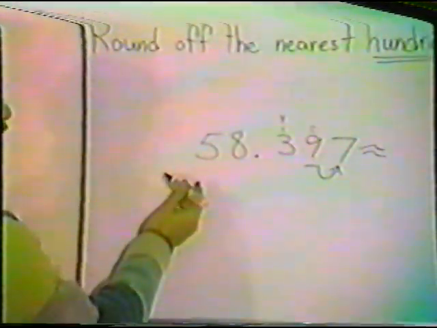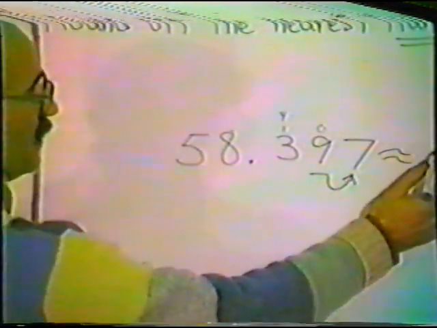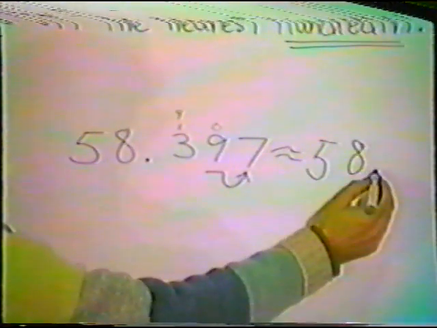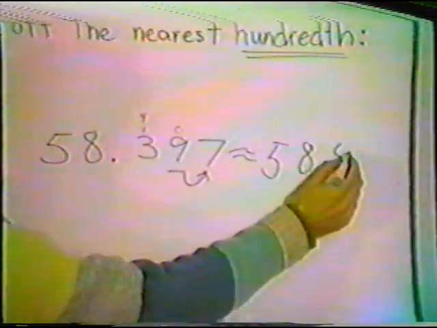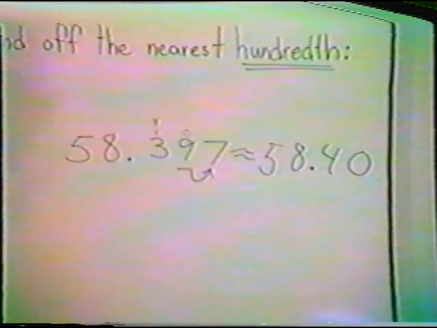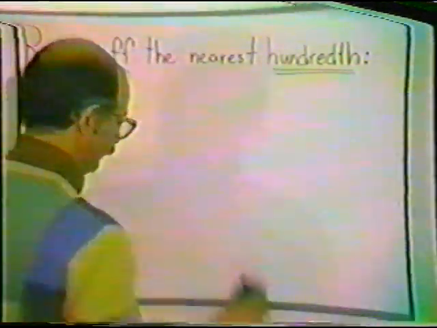Now, tell me what to write number by number, reading across the top. 58.40. Yes, and read me that answer. 58 and 40 hundredths. That's right.